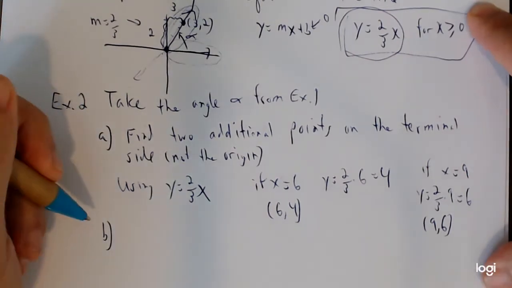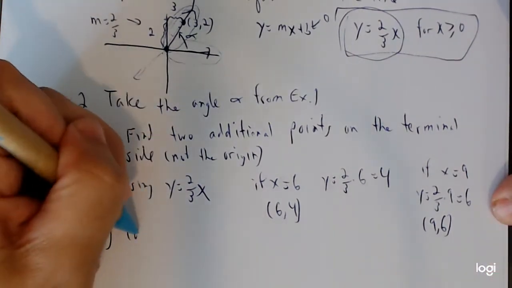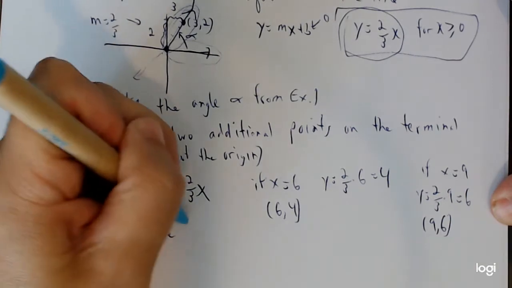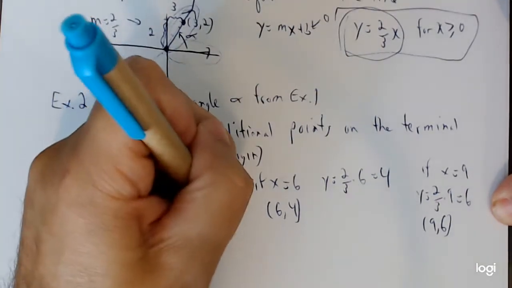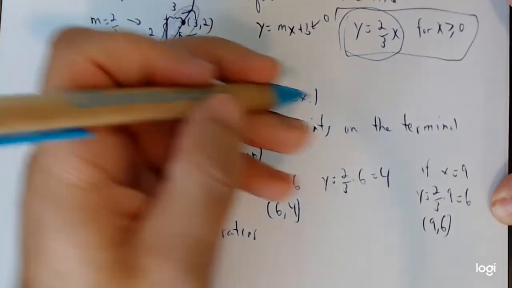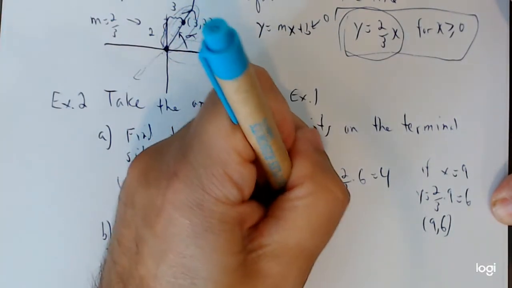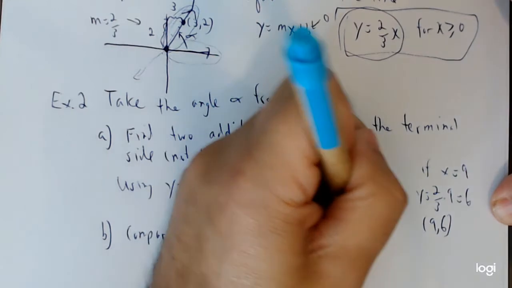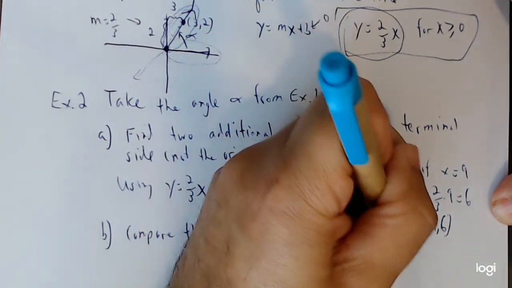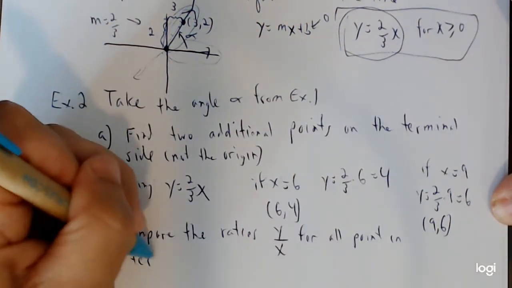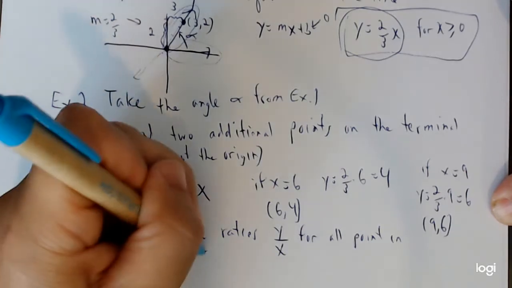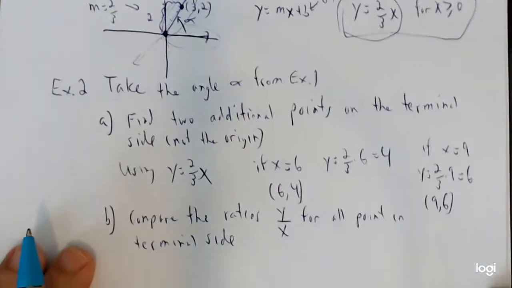So for part B, we're saying compare the ratios y over x for all points on the terminal side. Okay, now look at what happens here.